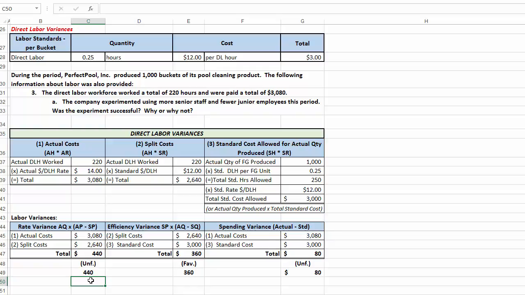They were paid on average $14 an hour versus our standard of $12 an hour, and the excess costs more than offset the efficiency gains that we realized by having more experienced staff working on the product. So they saved us a little bit of time, but we paid for it in their rate. So overall, it's to our disadvantage to do that by a small amount.